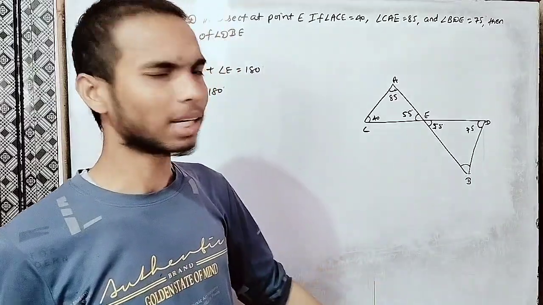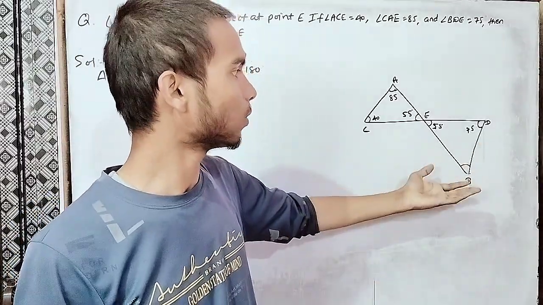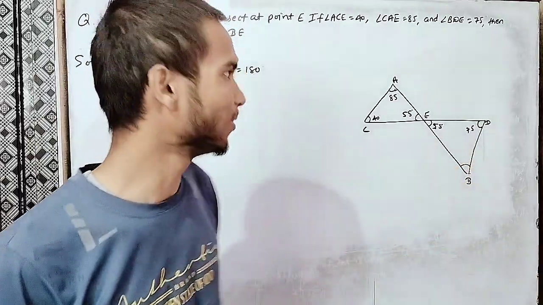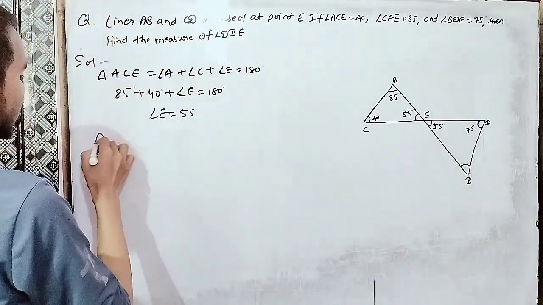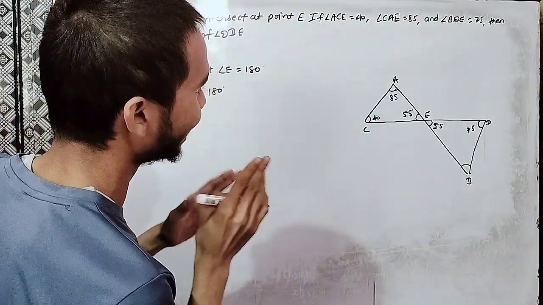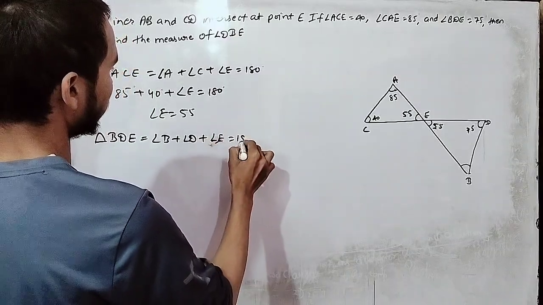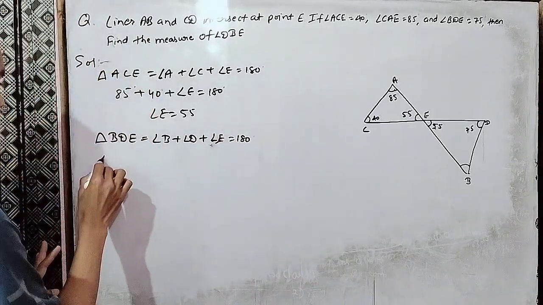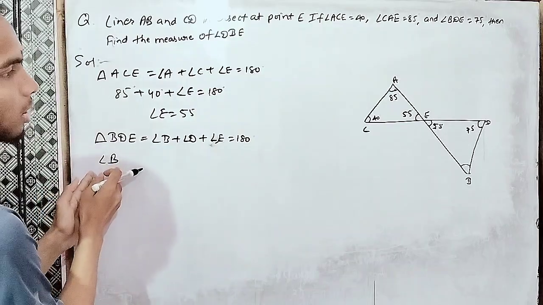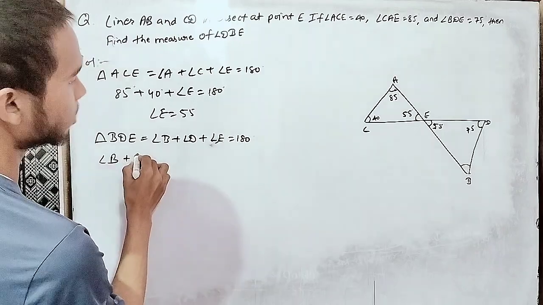Now we have again a triangle. We have two values, and we can easily find the value of an unknown angle. So it's the turn of triangle BDE, in which angle B and angle D and angle E would be 180. So B we don't know, this is what we have to identify. Angle D is 75.